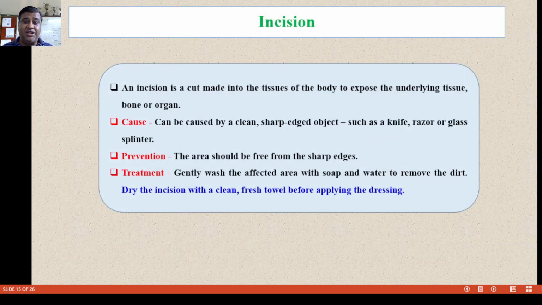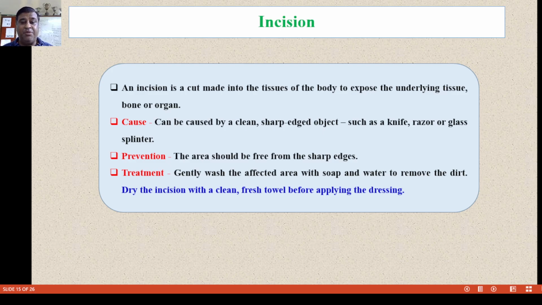Next is incision. Incision is a cut made in the tissue of the body to expose the underlying tissues, bone and organs. What are the causes? It is caused by a clean and sharp edge of an object, such as a knife, razor, glass or splinters.